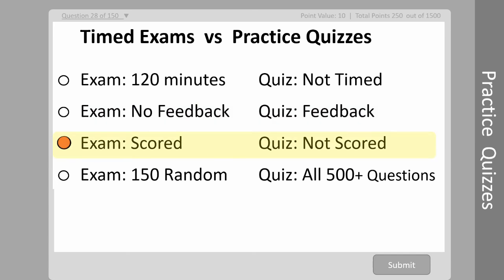The exam is scored so you know how well you did, whereas quizzes are not scored at all. The exam will always have 150 randomly selected questions for you every time you take the exam. However, for the quizzes, we spread all 500 plus questions across 6 different quizzes so you can have all the questions and answers at your disposal.